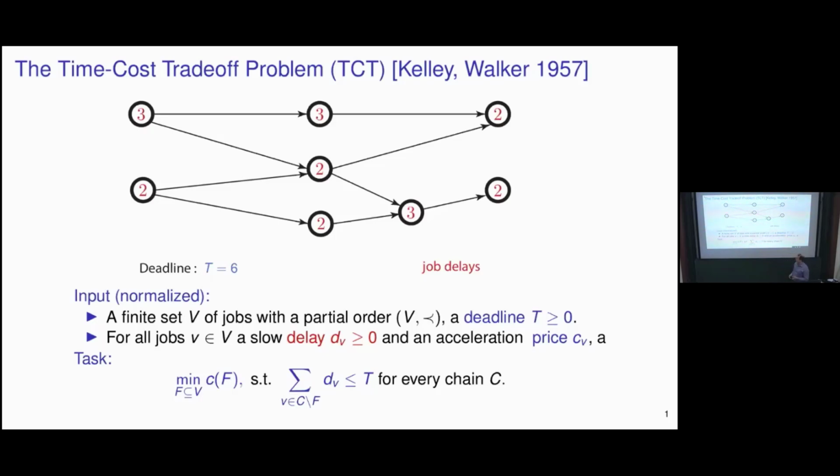Like when constructing a house, you cannot build the roof before the basement, so some jobs need to be done before other jobs. That's what this partial order defines.